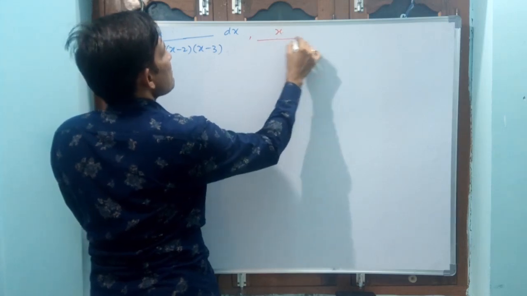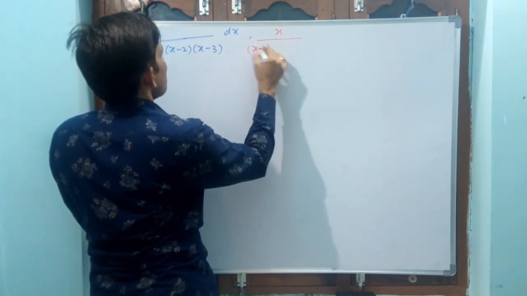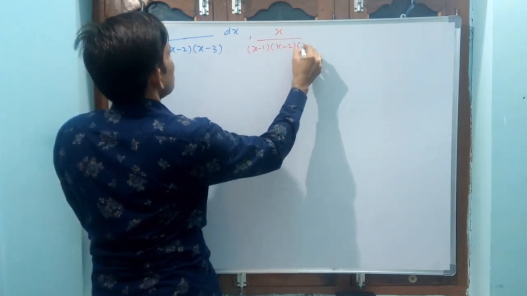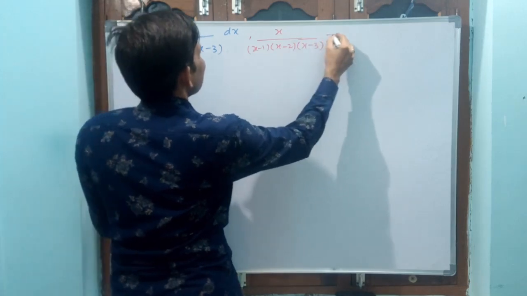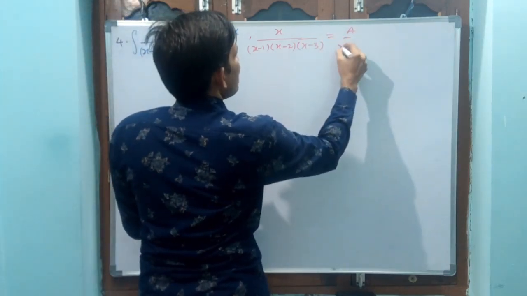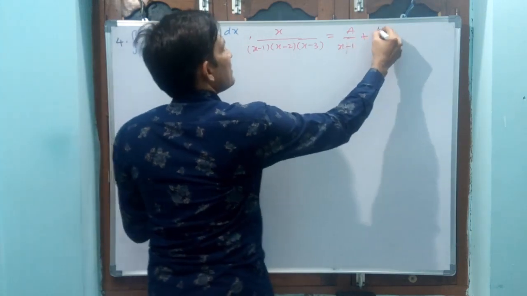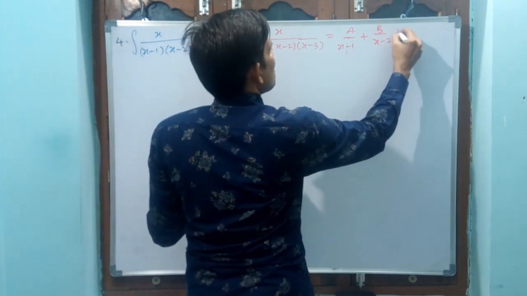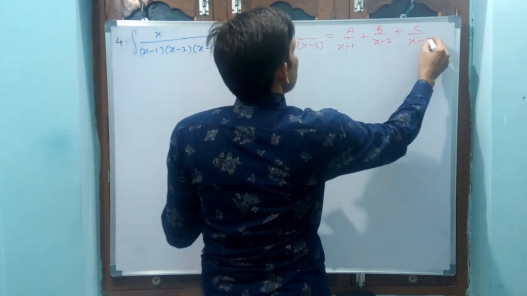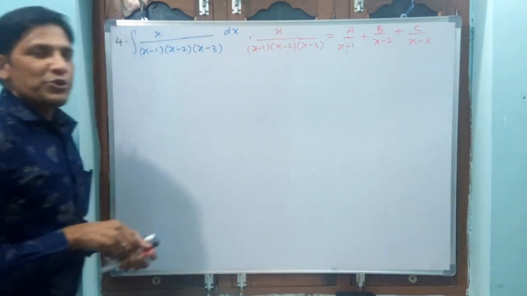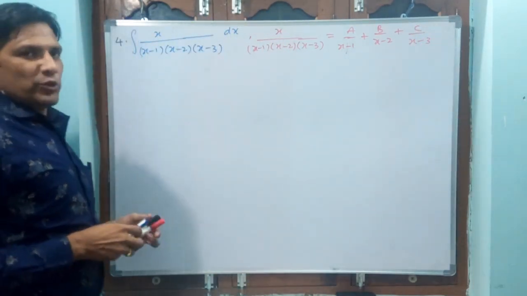You see, x by x minus 1 into x minus 2 into x minus 3 is equal to a by x minus 1 plus b by x minus 2 plus c by x minus 3. Okay, I am going to equate only numerators. You know very well why?